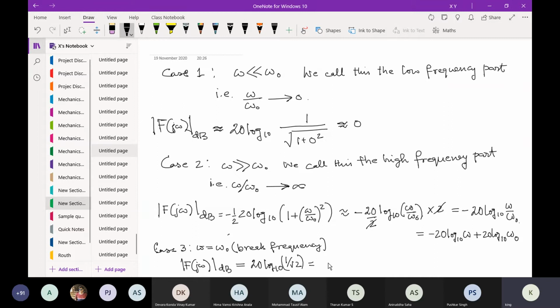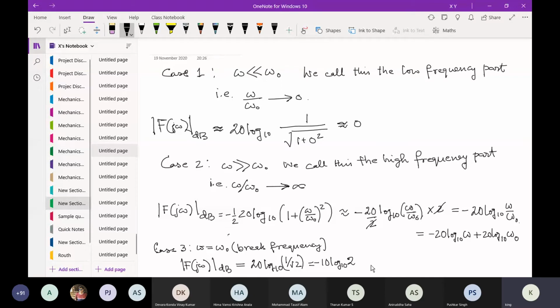Which will be 10 log to the base 10 of 2, with a minus sign.